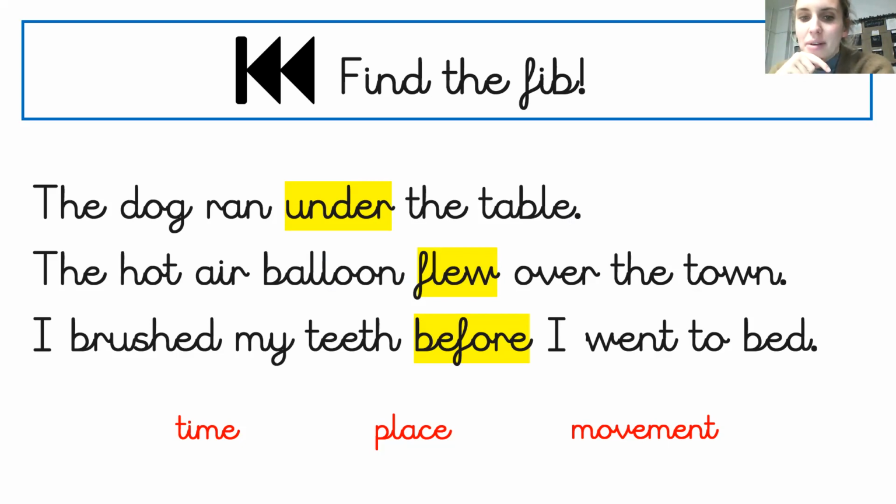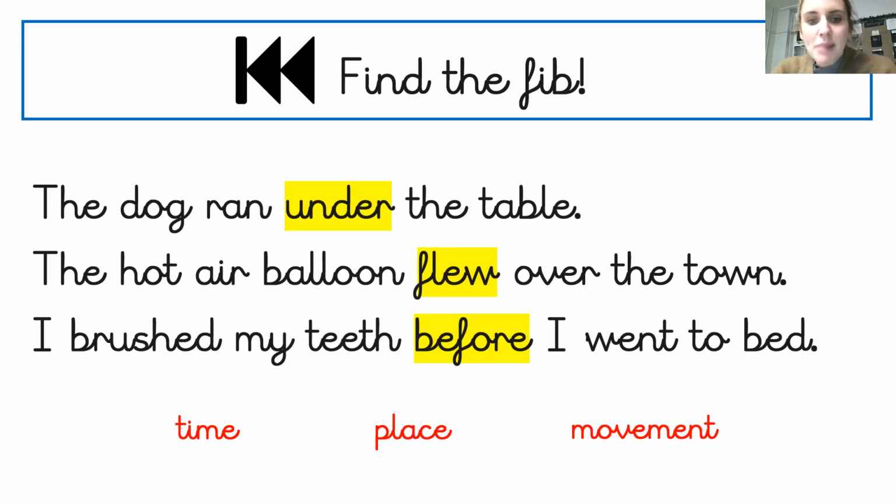This is my fib. What is the preposition in this sentence? The hot air balloon flew over the town. Where is it flying? Over the town. It is moving over the town. Over is the preposition in this sentence.